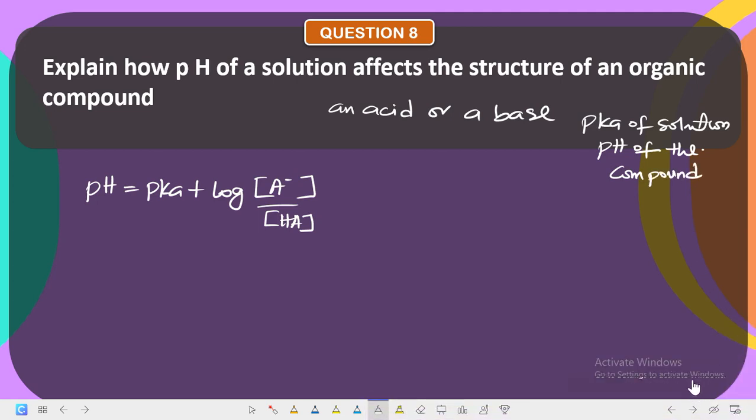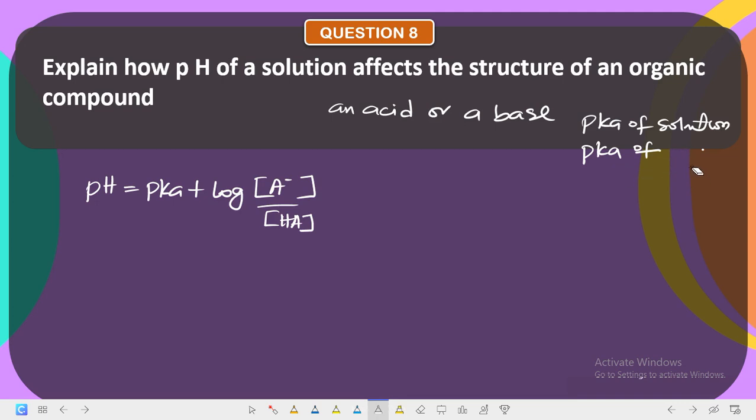Not pH, rather, the pKa of the compound or of the solution. The pKa of the solution and the pKa of the acid, which is the compound.